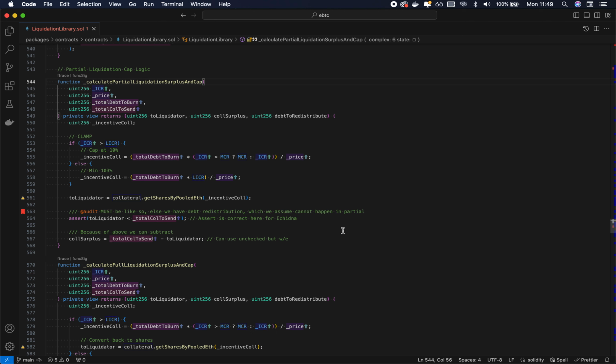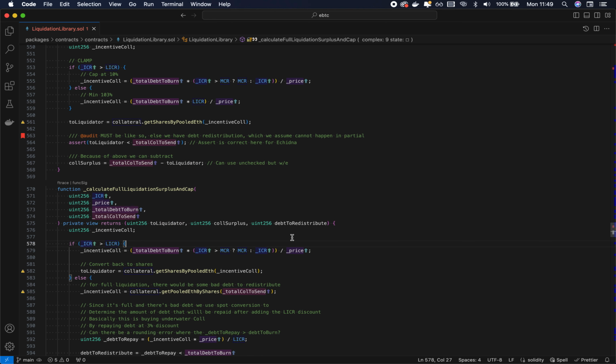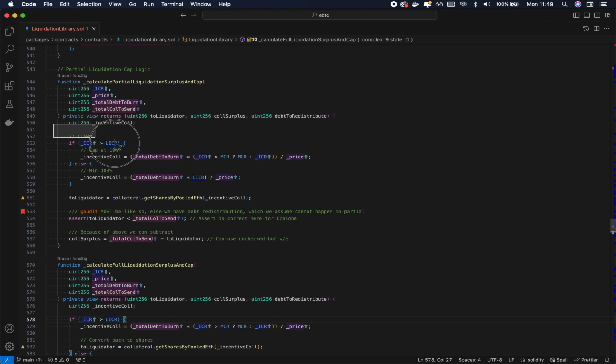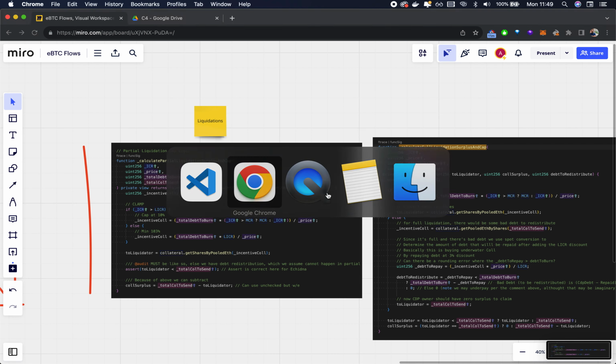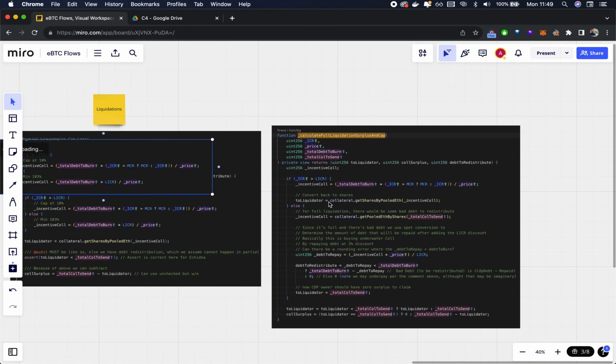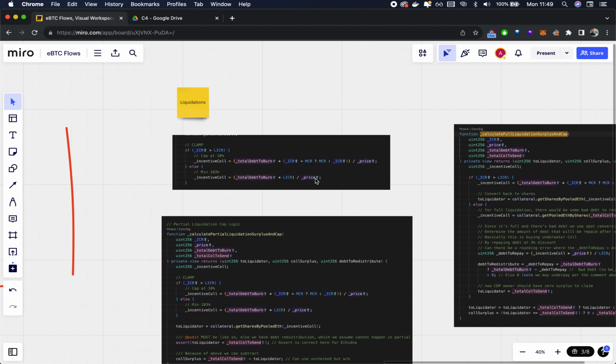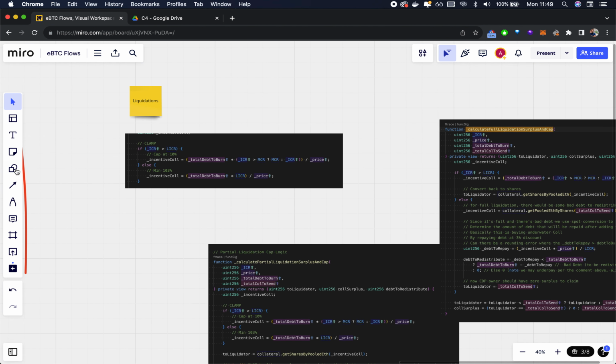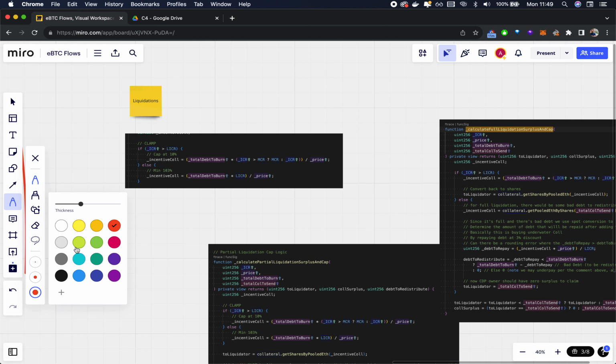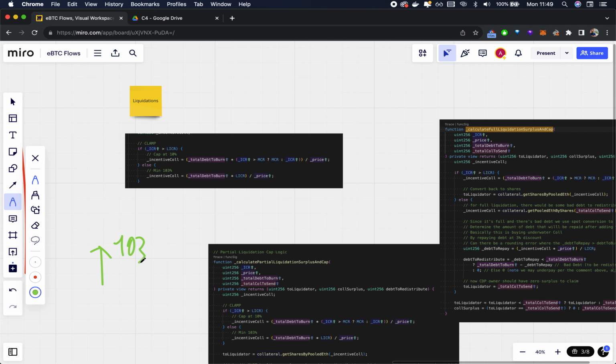But before we get to that, let's talk about the basics of this idea here, which is basically clamping the dynamic premium. This is an idea in general, and then I'm going to go over both the partial and the full liquidation flow. But the idea in general for eBTC is that you will always get, at the very least, a 3% bonus, so you basically get 1 over 3, plus the stipend.